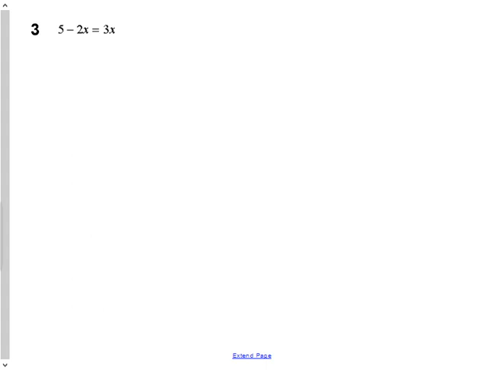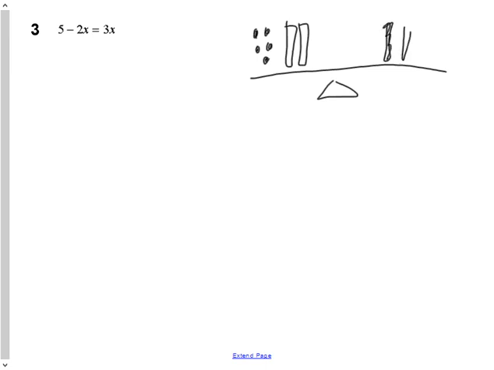Your next question is going to be an interesting one to draw, and this might help you see why it's important to do what we do. Those are negative 2x's there, and these are positive 3x's here. There are different ways we can do it, but what we generally try to do is get rid of the variable on the side that has the least amount. In this case, the negative 2x is less than the positive 3x.